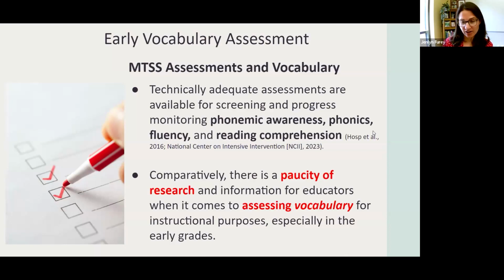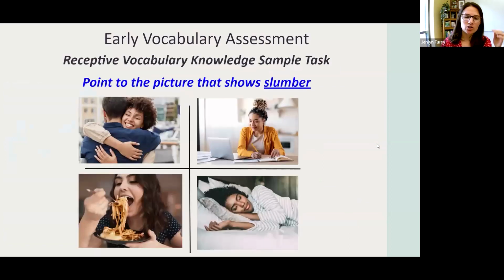So there are many challenges to assessing vocabulary, including just answering the question, what does it truly mean to know a word? There are many different ways to assess vocabulary. So currently there are relatively few measures available, especially compared to these other areas, but we do want to draw your attention to some that we think are promising.